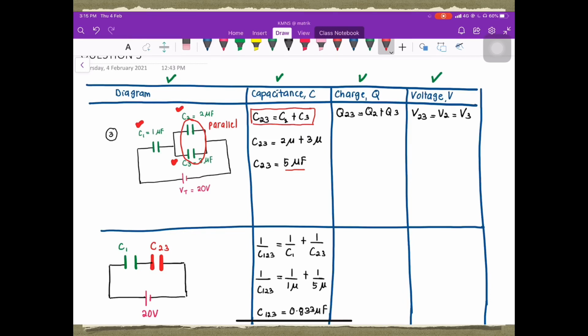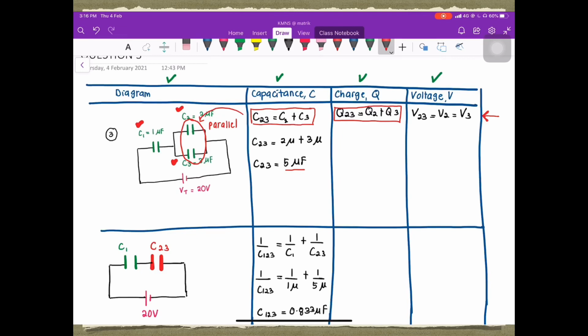At the same time, we need to write the charge for 2 and 3. Why only 2 and 3 for this row? Refer to the diagram. Now we want to solve the combination of C2 and C3.